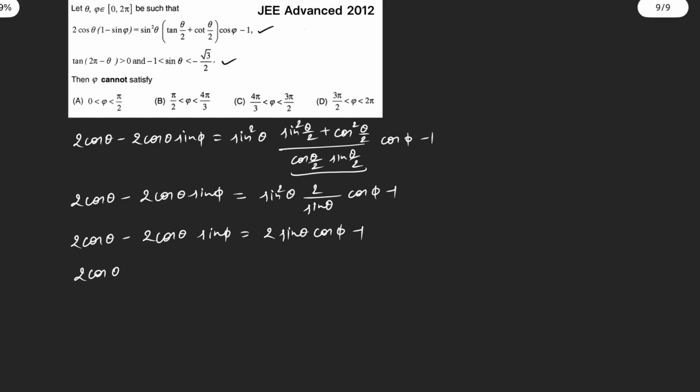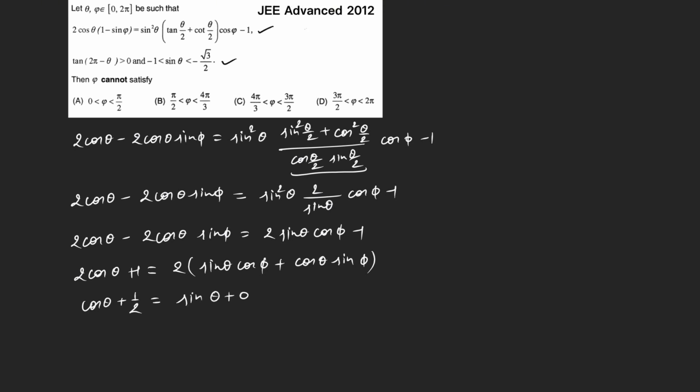So we have 2 cos theta minus 1 equals 2 times sine theta cos phi plus cos theta sine phi. And 2 we can bring on the left hand side. So we have cos theta plus half equals sine of theta plus phi. So our first equation gives us cos theta plus half equals sine of theta plus phi.